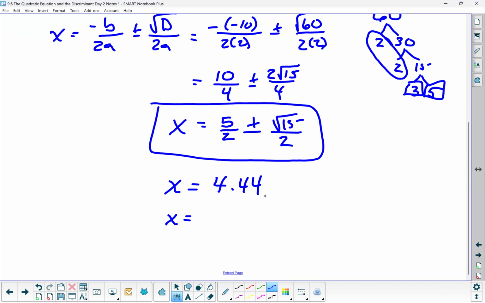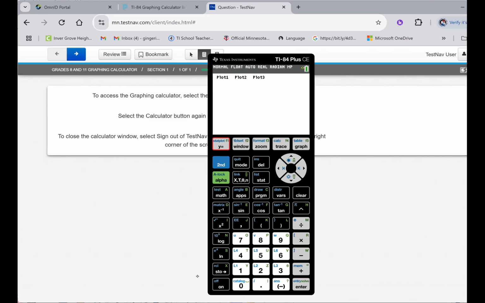And then our second solution would be the 5 divided by 2 minus the square root of 15 divided by 2. So I'm not going to do y equals. I'm going to go second, enter, and then arrow to the left until I get over that addition sign, change it to subtraction.